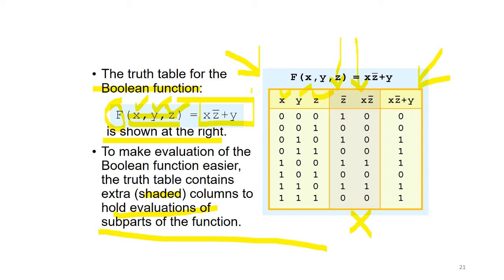If we negate this or pass it through a NOT gate, we will get 1 here. Z bar: 0 becomes 1, 1 becomes 0, 0 again becomes 1. Here also this 1 becomes 0, this 0 becomes 1, this 1 becomes 0, this 0 becomes 1, this 1 becomes 0.